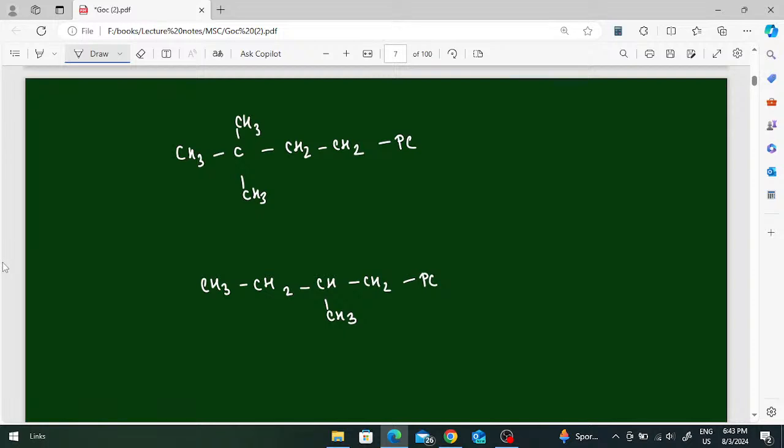If you take a look, this carbon is present on the second number, whereas there are two that are on the third position. So no matter what, the second will win over the first, because distance wise it's closer. 2 will win over 1.